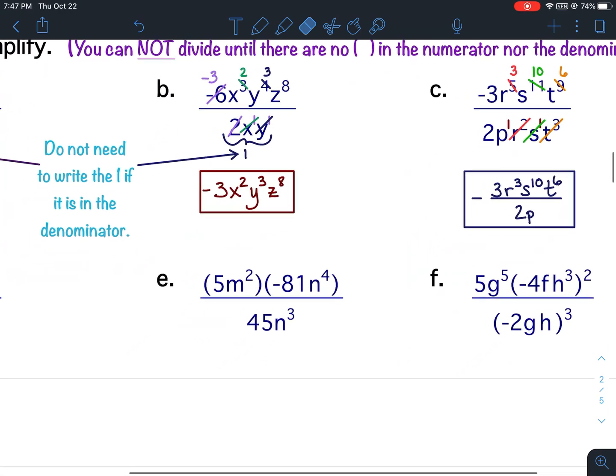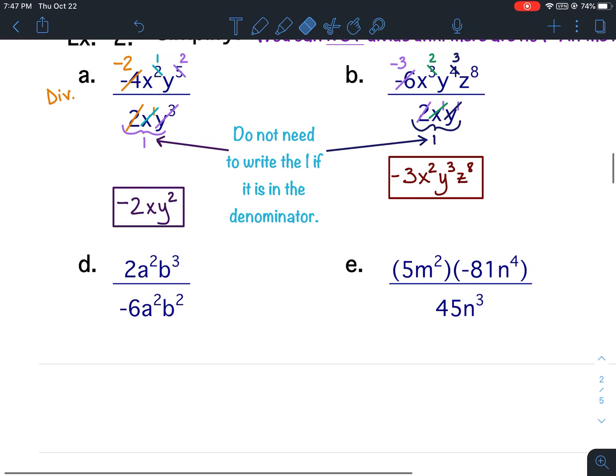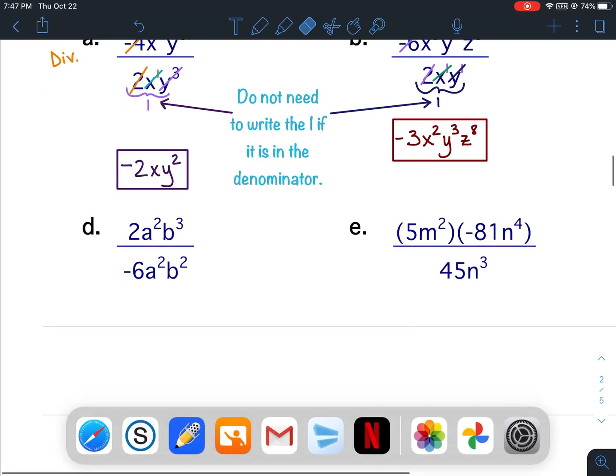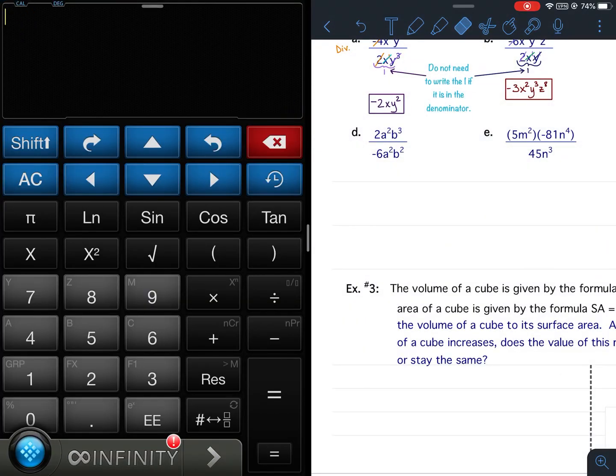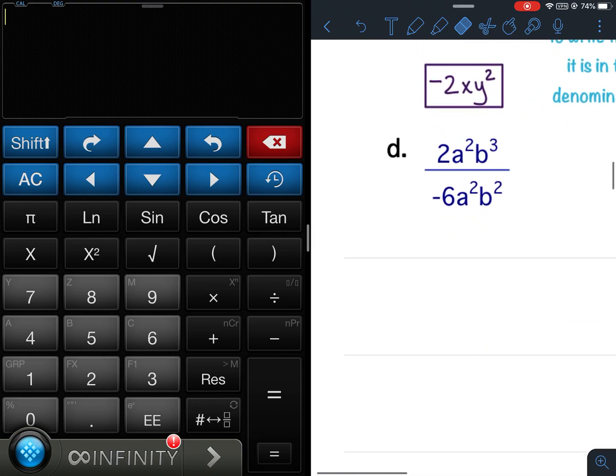Okay, let's look at D. Once again, let me pull up the calculator. For D, my coefficients are 2 over -6.